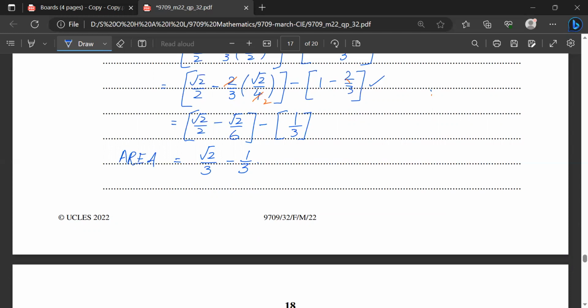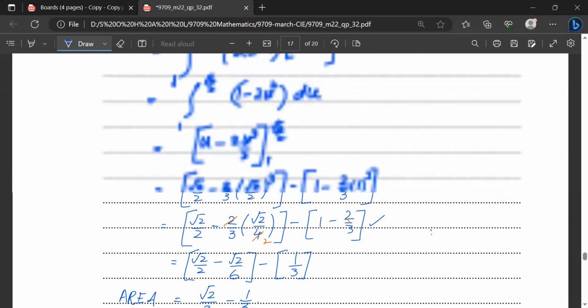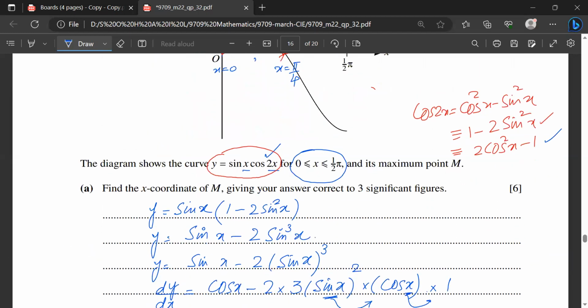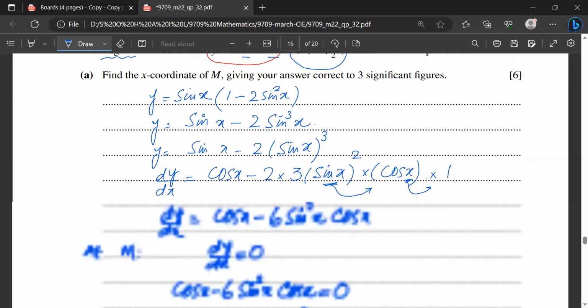So here is the area, or you can further take 1 over 3 common: root 2 minus 1 over 3 is the area of the shaded region in this diagram.